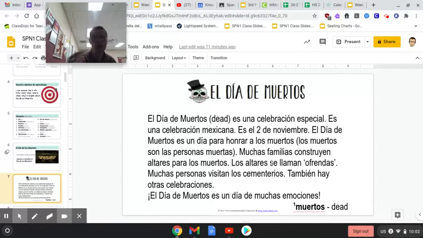So se llaman, think of the name tag, ofrendas. Muchas personas visitan, so if you cover up the A and the N, what does it look like? Visitan los cementerios. También hay otras celebraciones. El Día de Muertos es un día de muchas emociones.